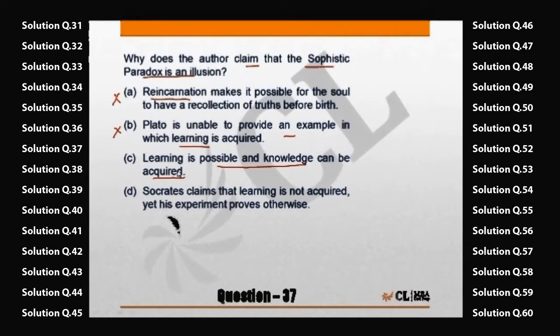The line said very clearly that the sophistic paradox tells us that we have no way to acquire knowledge, but we do acquire knowledge, so it must be an illusion. So why does the author claim that the sophistic paradox is an illusion? It's an illusion because we can learn, or learning is possible and knowledge can be acquired. So choice D, Socrates claims that learning is not acquired. No, incorrect. Okay. So question 37, we are through with it.